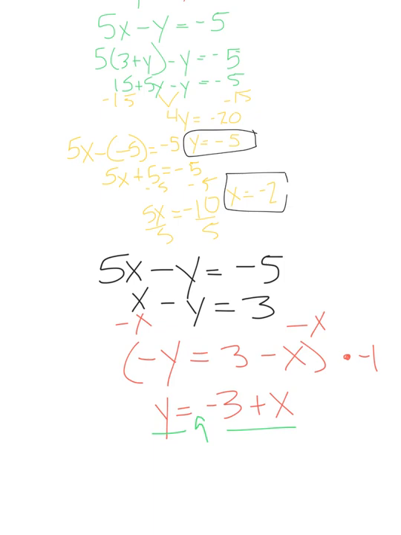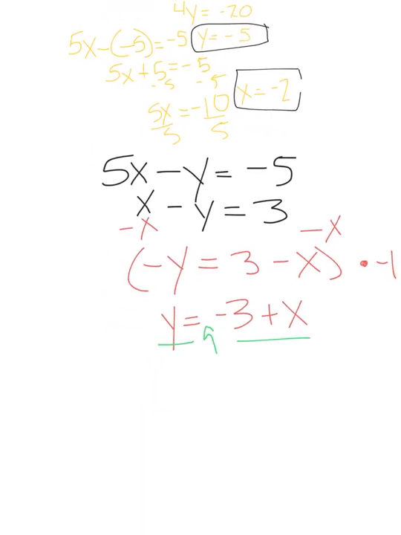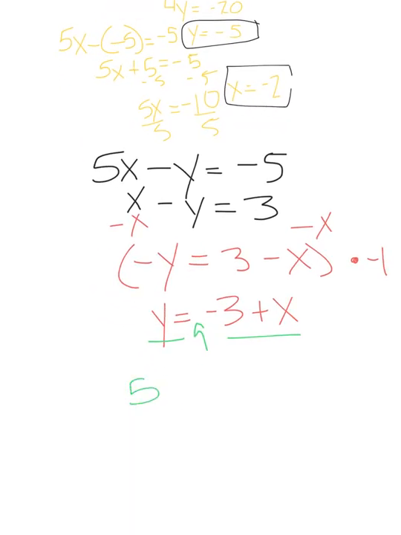So that's what I do. I take the other equation, I take out the y, I put in negative 3 plus x in its place. And then I just solve.